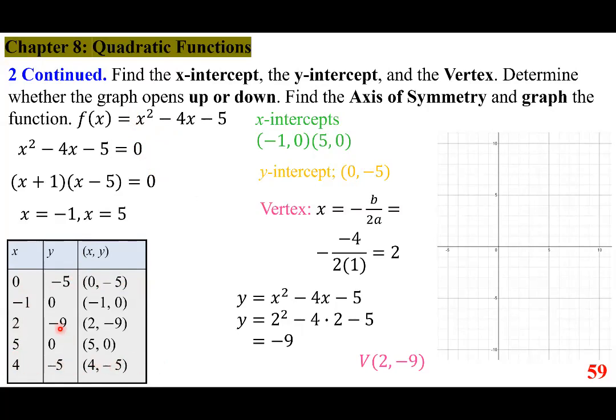For now, you can ignore that. The rest of them we already have, for example, starting with the vertex, which is located at (2, -9), and we put it in. Then we have 2 x-intercepts. We put them in. We have a y-intercept located at (0, -5).